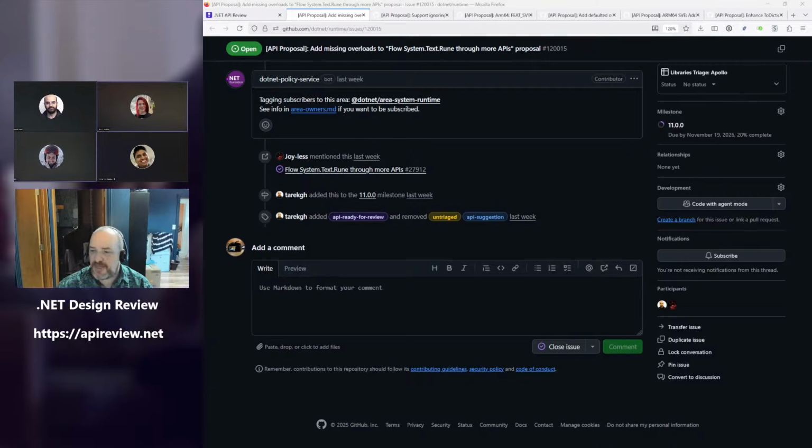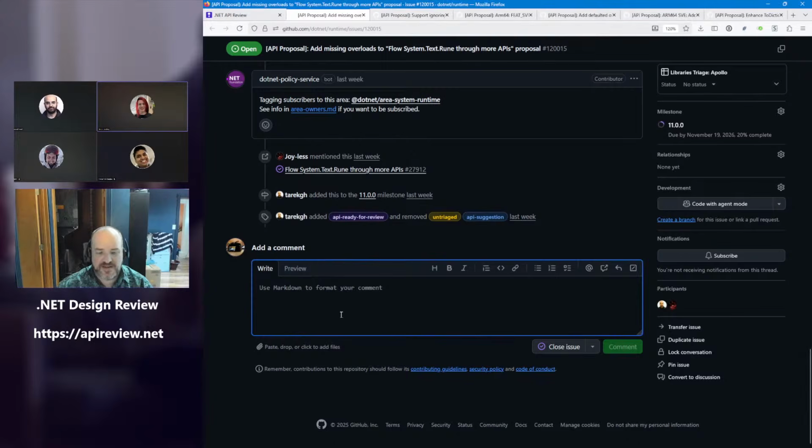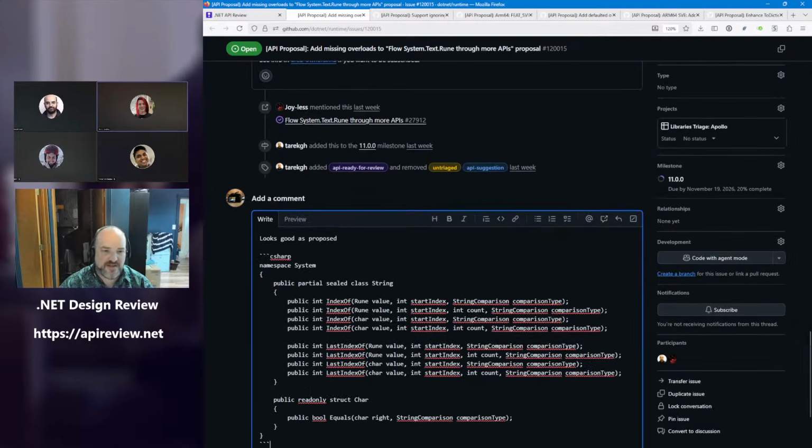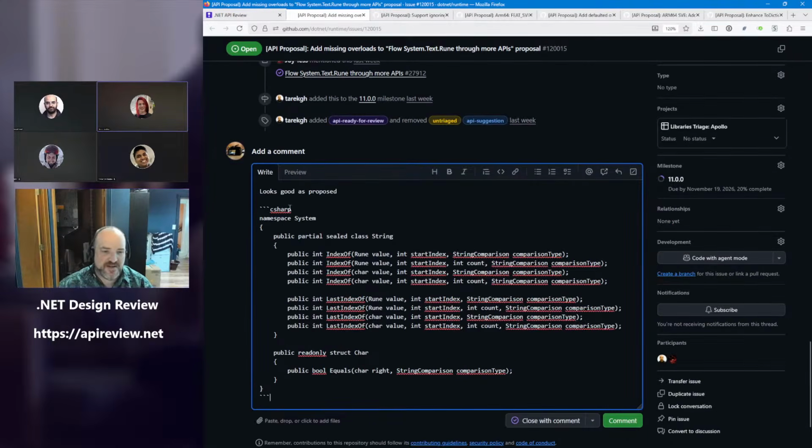And the property is called length. Which also makes it less conflicting with the extension APIs like LINQ, where it's called count for counting the number of occurrences of a particular thing.